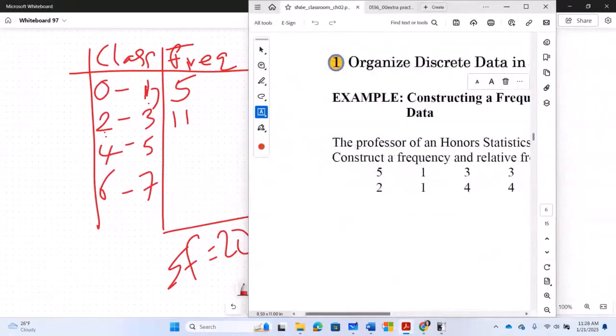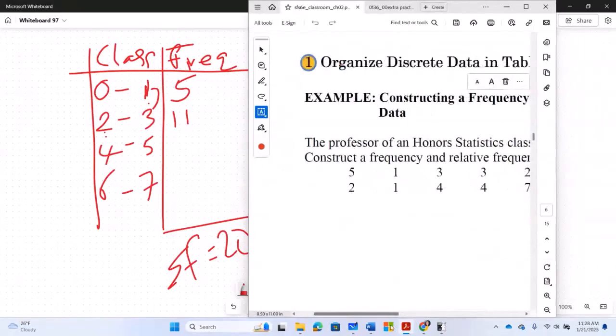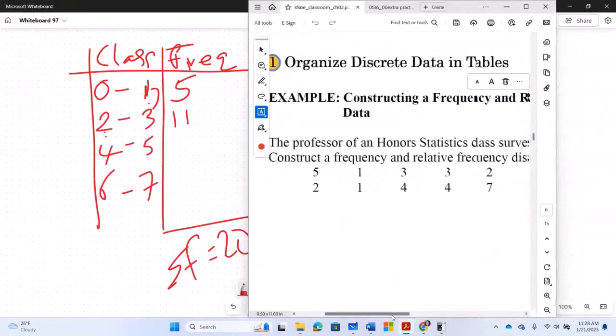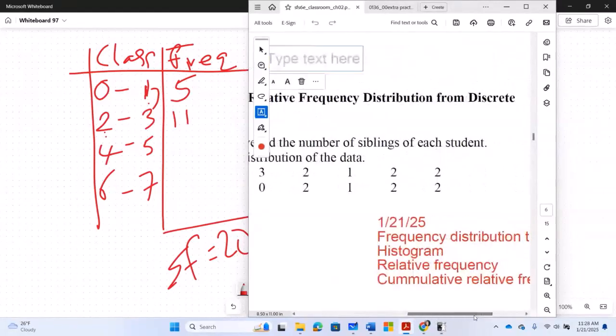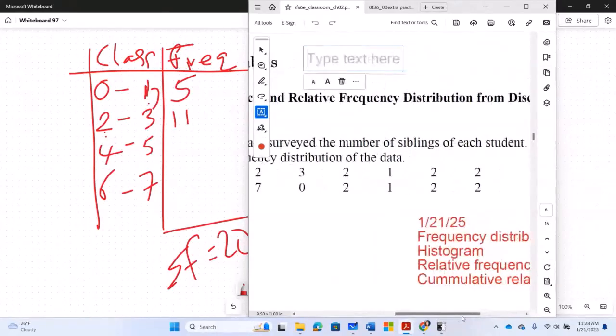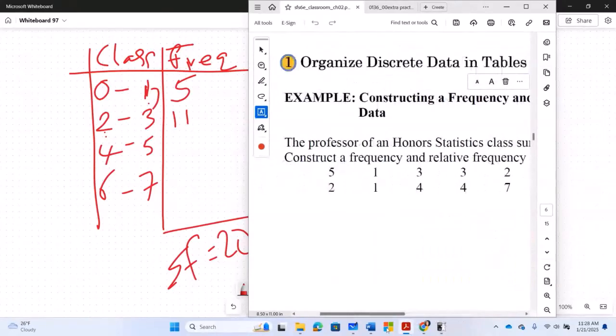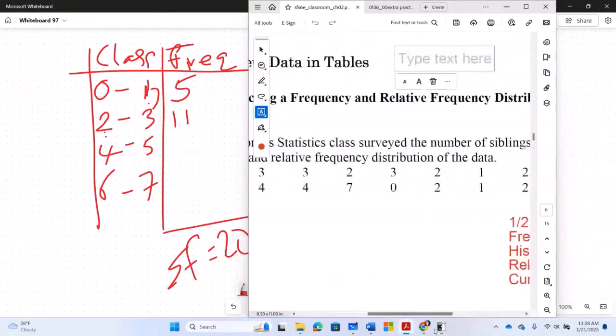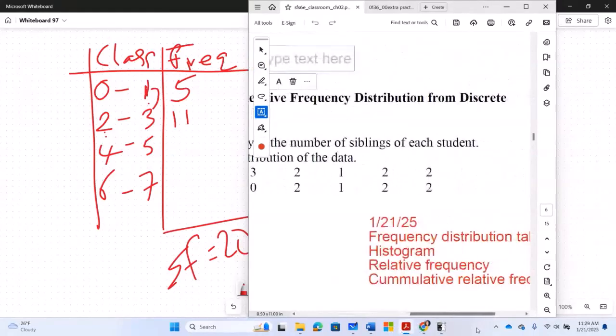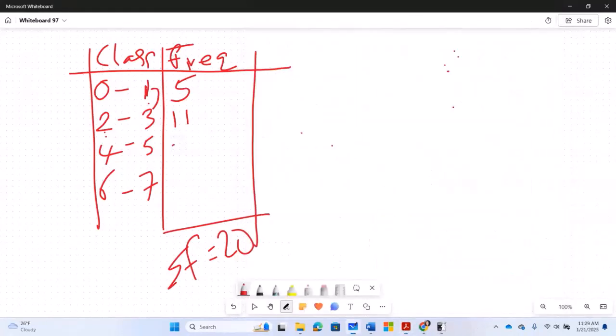Okay, this is another one. 1, 2, 3. That's it. There are only 3 of them, numbers between 4 and 5. All right, so therefore the frequency of the third class is actually 3.